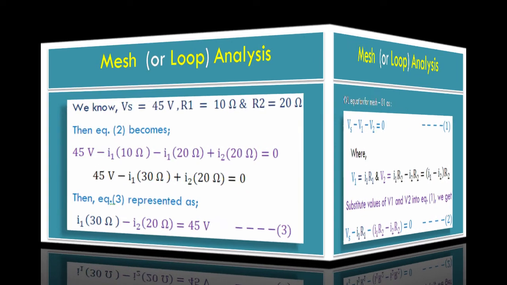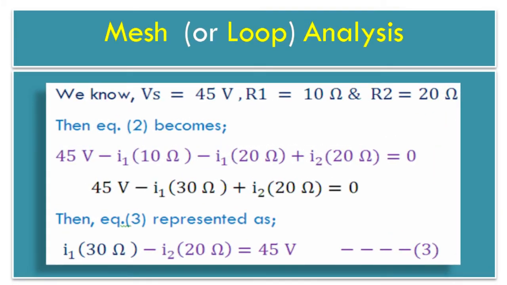Now using the given data, the value of voltage source Vs is equal to 45 volt, resistor R1 is equal to 10 ohm and resistor R2 is equal to 20 ohm. Then equation 2 becomes 45 volt minus I1 into 10 ohm minus I1 into 20 ohm plus I2 into 20 ohm is equal to 0.